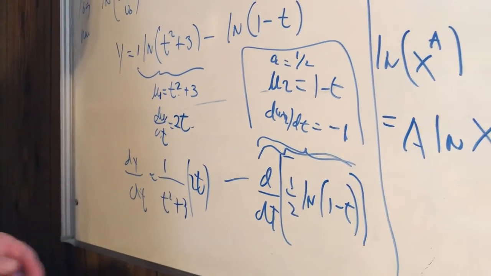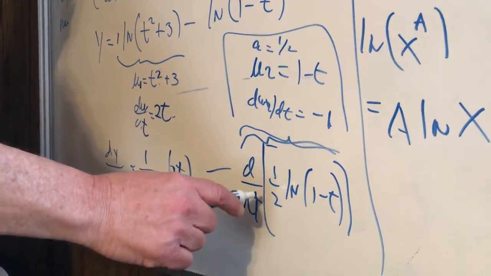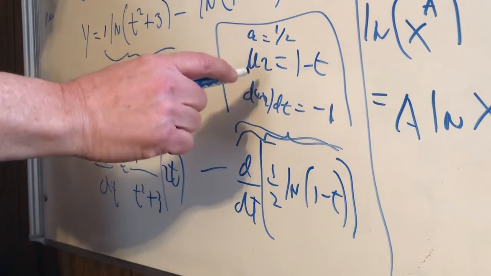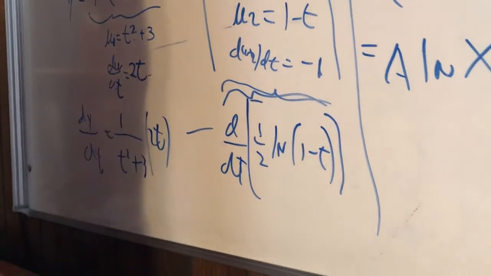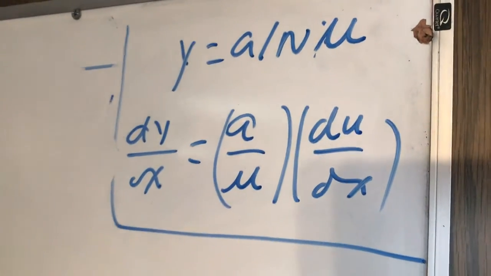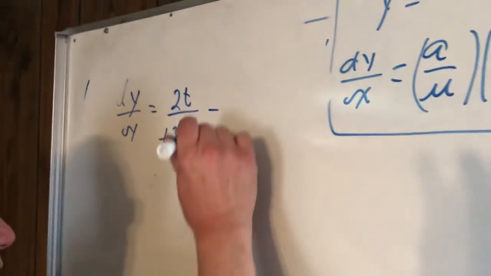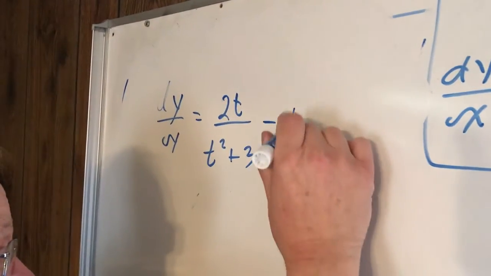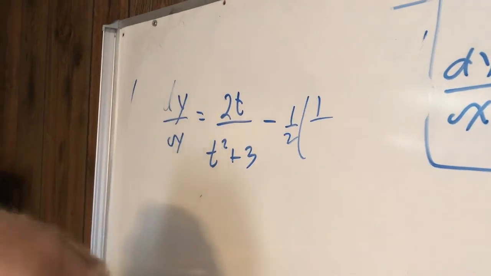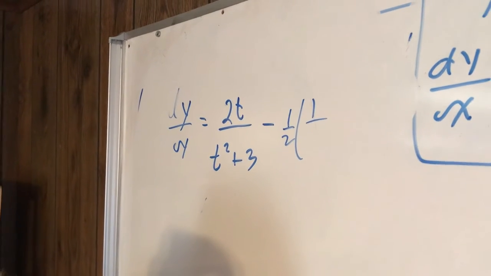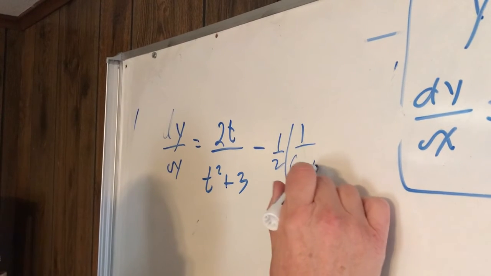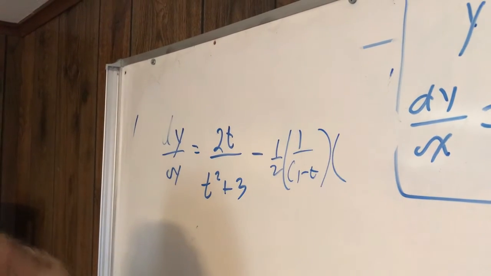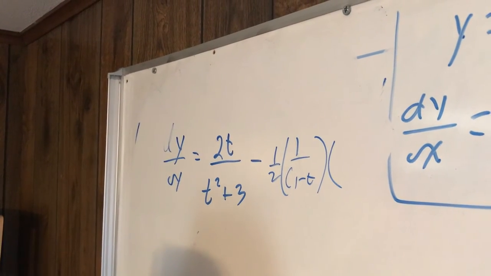So now we just substitute for here. Substitute u2 and du2 dt, and in substituting it in here, we get minus 1/2 times 1 over 1 minus t, times the derivative with respect to t, which is minus 1.